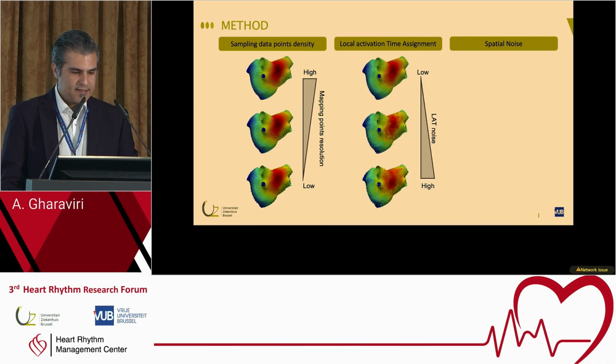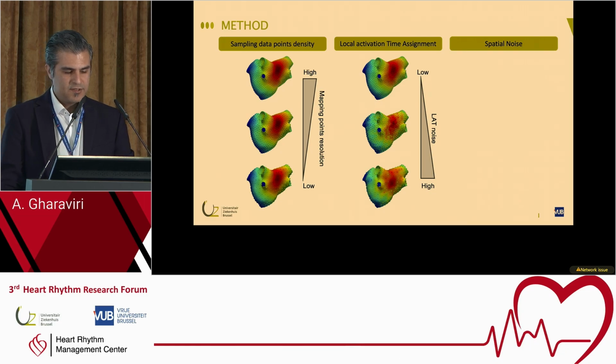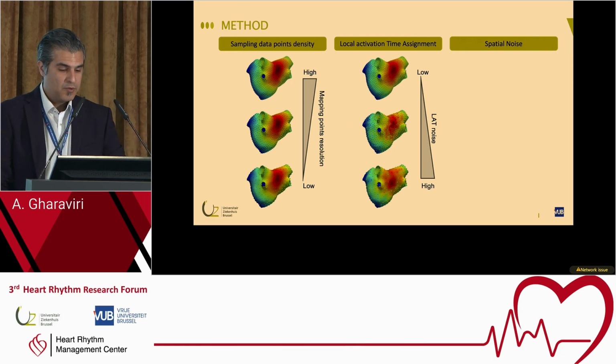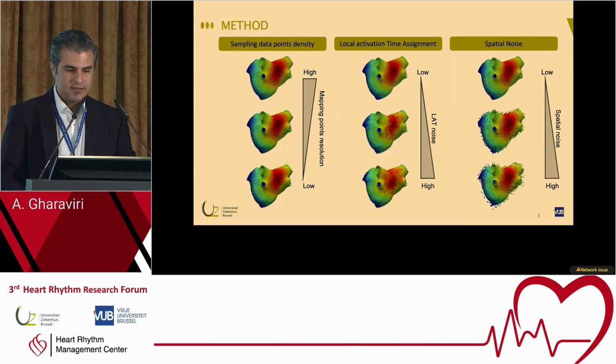To test the local activation time assignments, we introduced a uniform noise with amplitude of, like, 20 milliseconds, and then gradually increased the noise level to see how these algorithms react in the presence of higher amounts of noise in the local activation time.